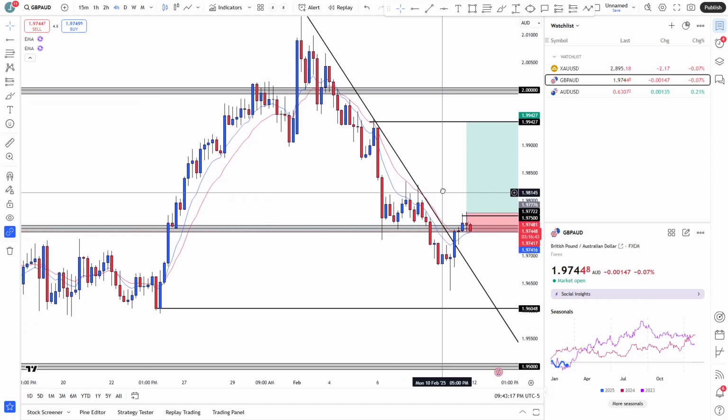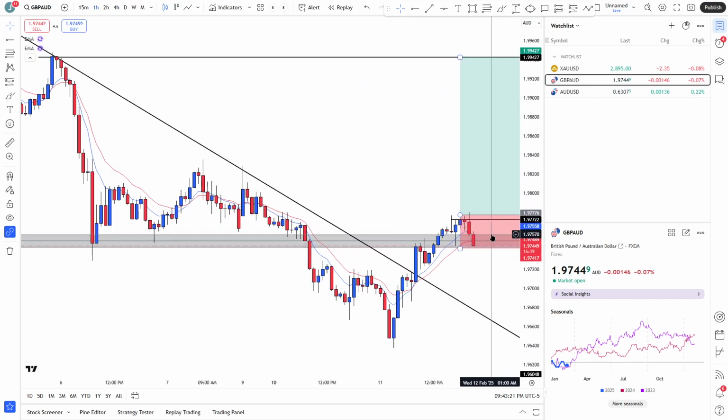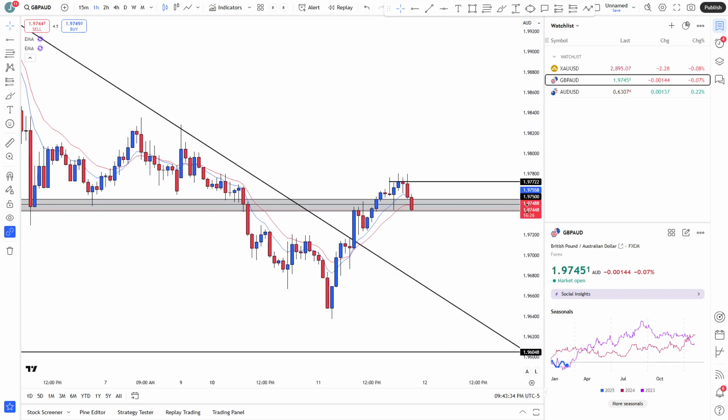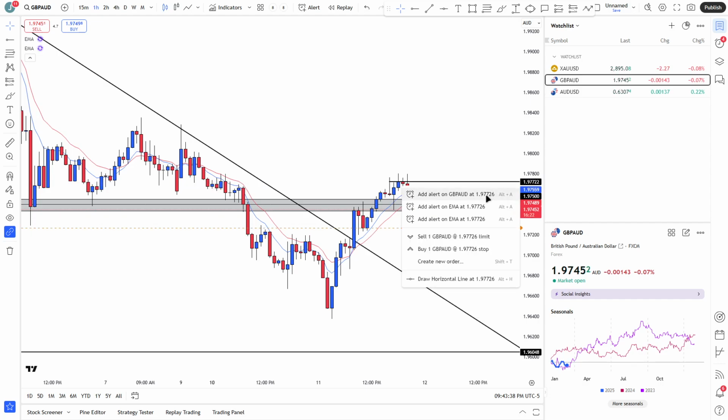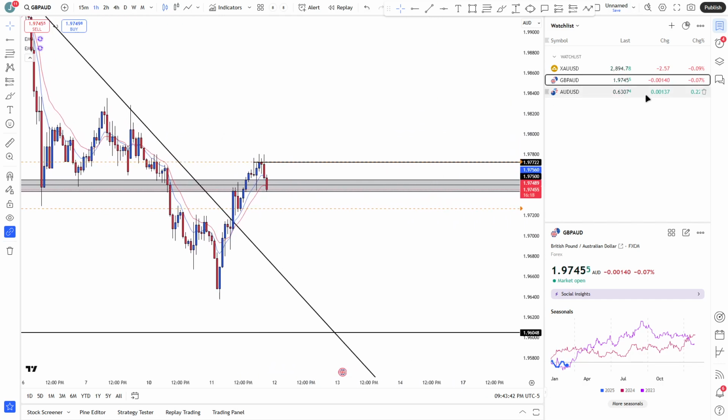We could just see. Price probably stopped us out here, so just close that and have an alert here and an alert probably down here, so we could just wait for either or. So just wait for either or and see what happens.